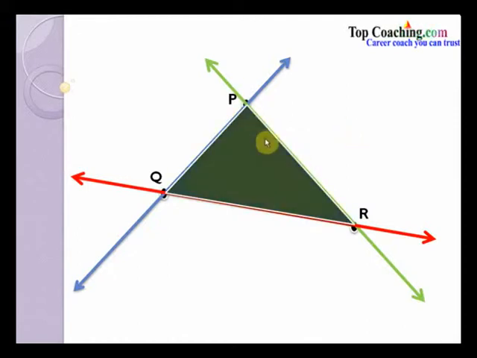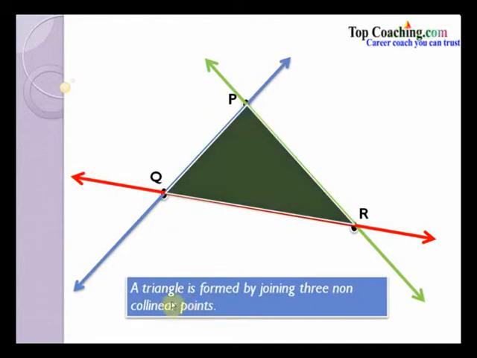This figure is called triangle PQR, and PQ, QR and RP are the three sides of this triangle. So we can say that a triangle is formed by joining three non-collinear points. If we have three non-collinear points in a plane and we join them, then the figure so obtained is a triangle.